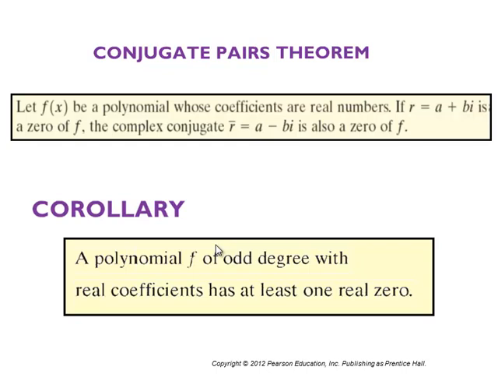You see all the graphs of those functions always cross the x-axis somewhere. In fact, every odd degree polynomial is going to cross the x-axis somewhere. It's going to have at least one x-intercept.